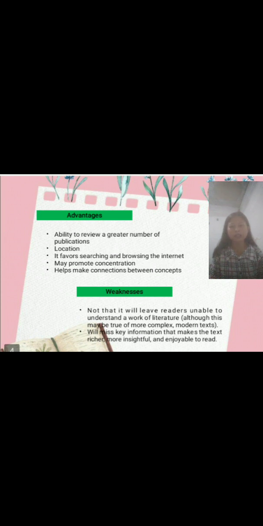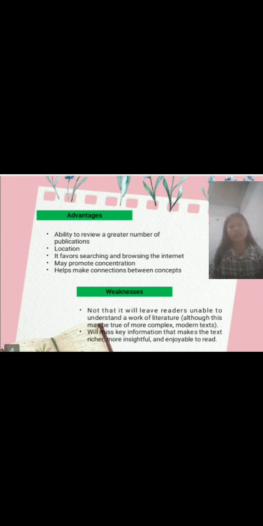In surface reading, the reader can easily find out the number of publications, and gets the value and reward from the reading that he has learned, seen or listened to.